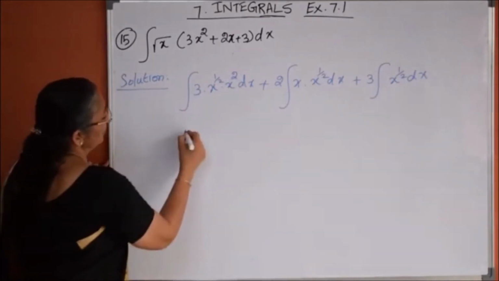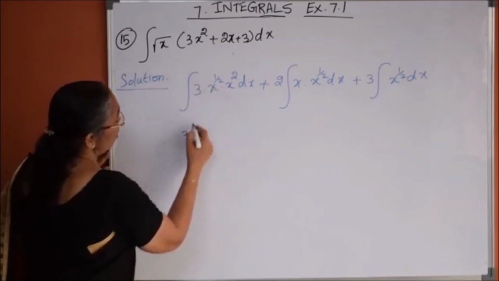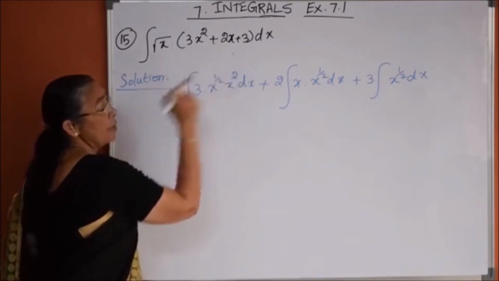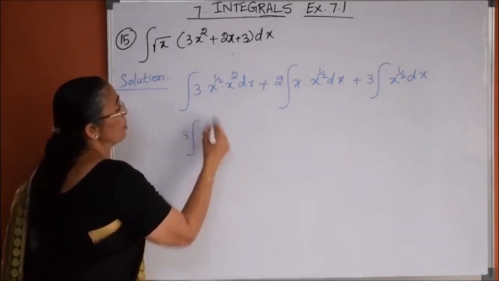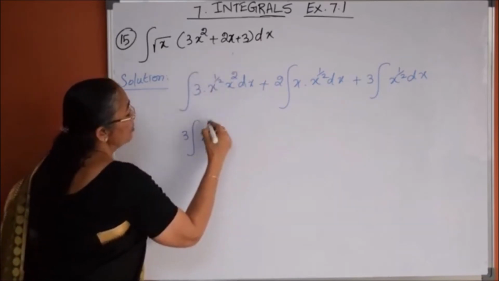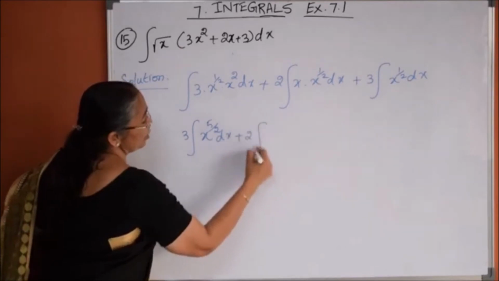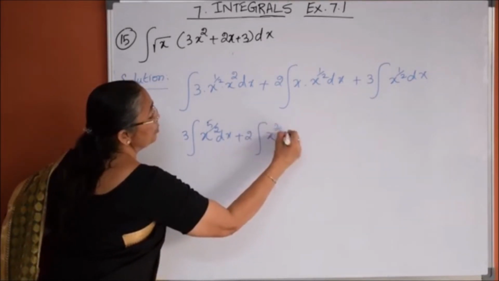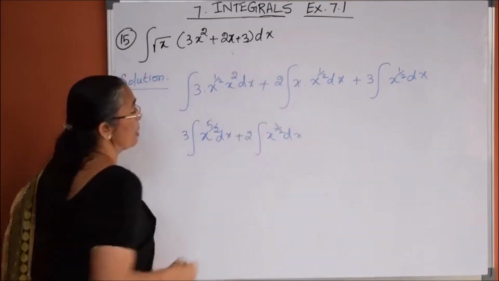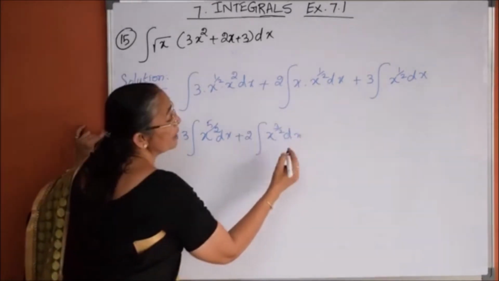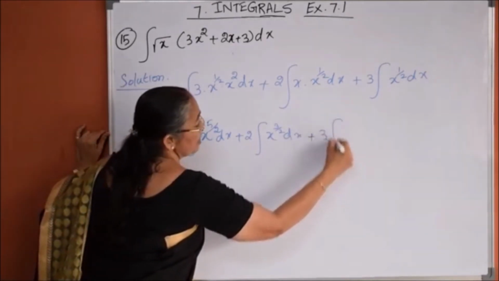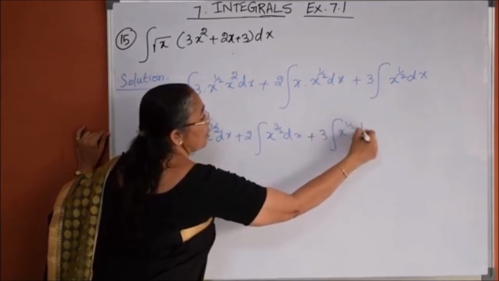So now 3 into integration of x power half into x square, which is x to the power of 2 plus half, which is 5 by 2 dx, plus 2 times x to the power of 3 by 2 dx, x power 1 plus half, 1 and half, which is 3 by 2 dx, plus 3 times of x to the power of half dx.